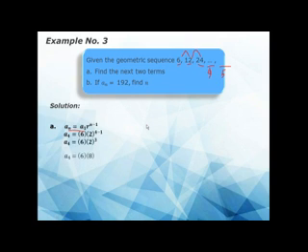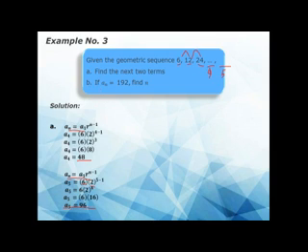So solving, our a sub 4 is 48. Then, for a sub 5, or the 5th term, we still use the same formula, and we have a sub 5 is equal to 6, which is the first term, multiplied to 2, which is the ratio, raised to the power of 5 minus 1. Now solving, our a sub 5 is equal to 96.